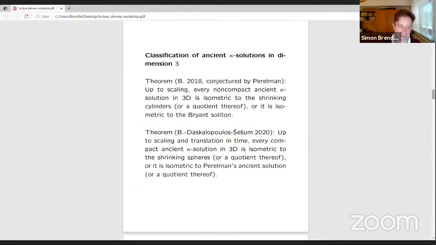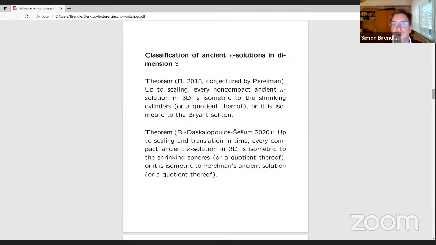Okay, now in Perelman's paper, he conjectured that actually there should be very few examples of ancient solutions. And specifically, he conjectured that in the non-compact case, apart from the shrinking cylinders, the Bryant soliton should be the only example.